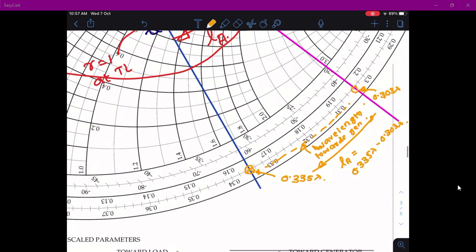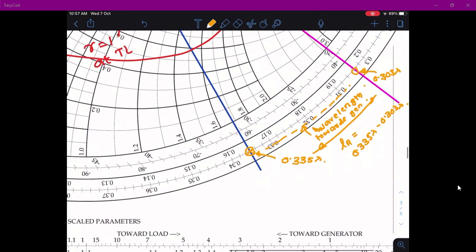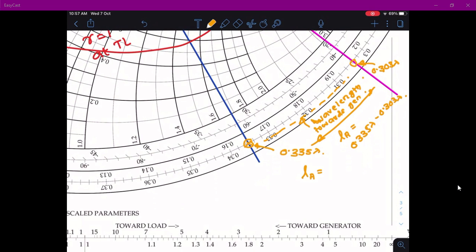So your LA distance is approximately 0.035 lambda.